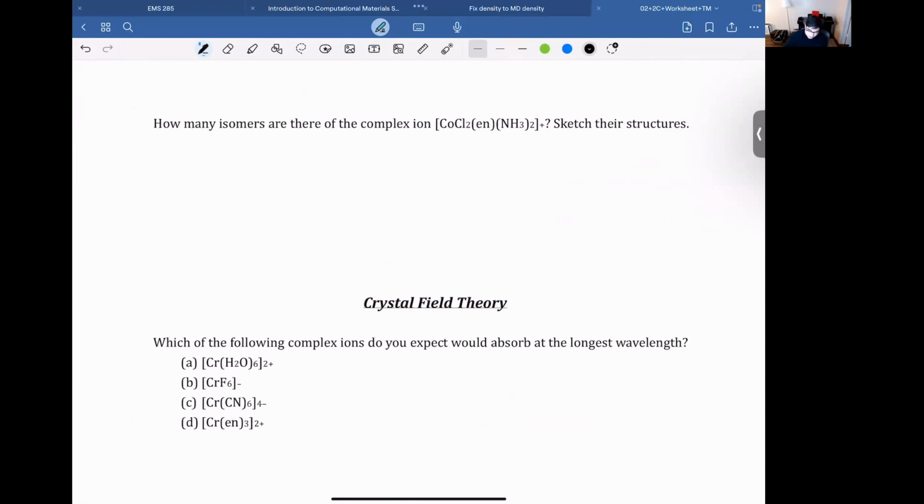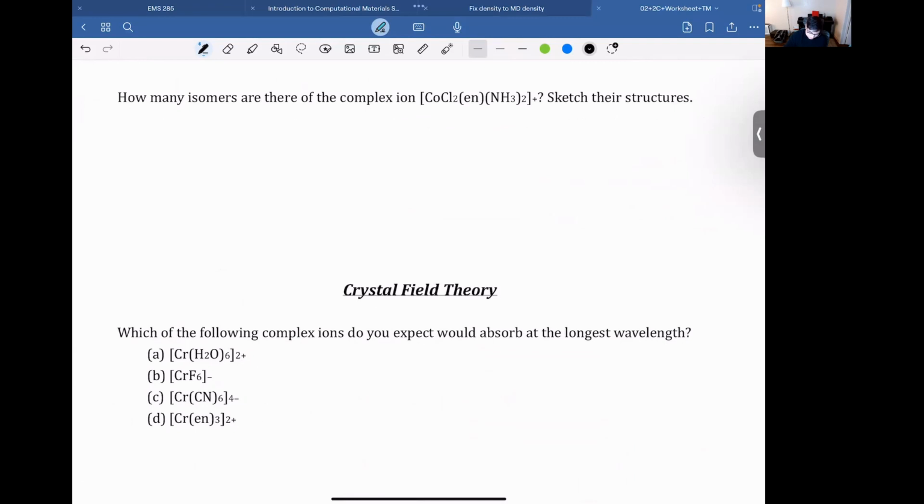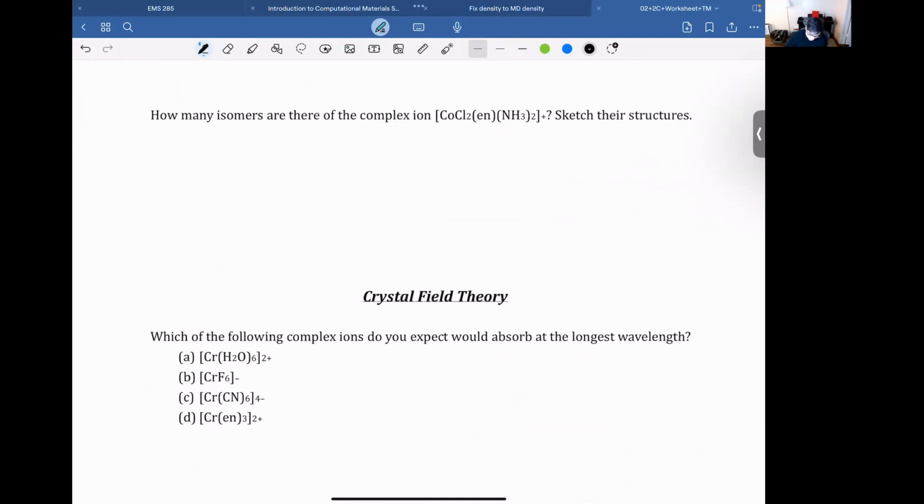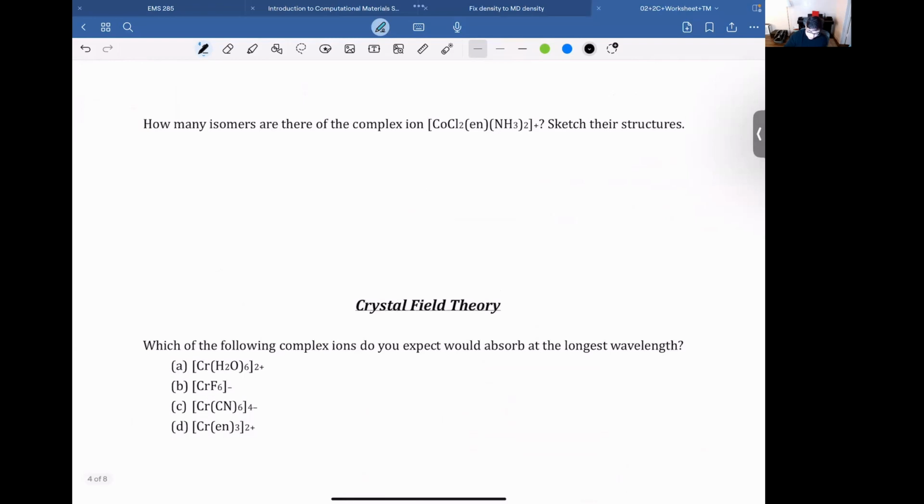Next one is how many isomers are there of the complex ion? We have, oh, of that. Sketch the structures. All right, so the way you can look at this is we have two sets of identical ligands.